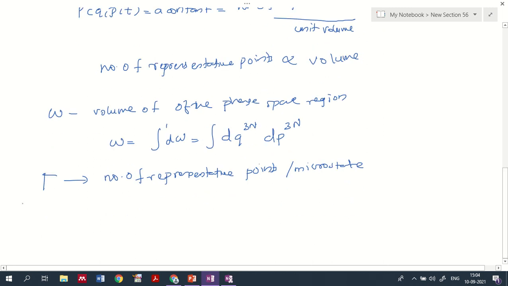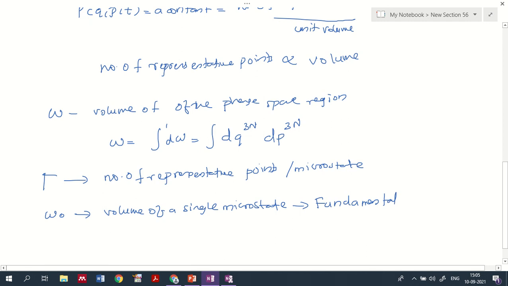I also mentioned omega 0, the volume of a single microstate or representative point, which is also called the fundamental volume.